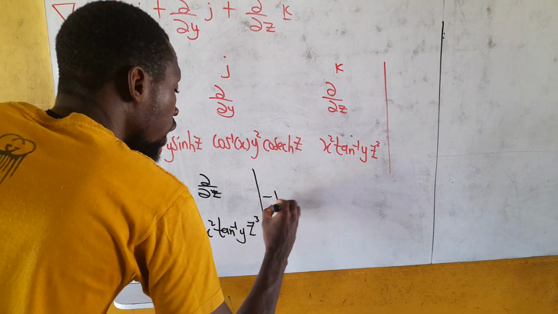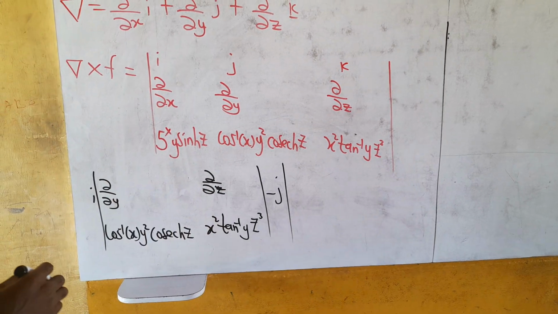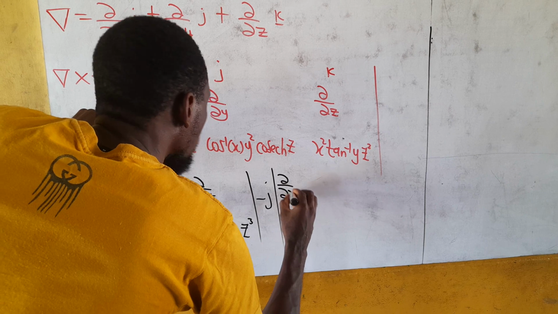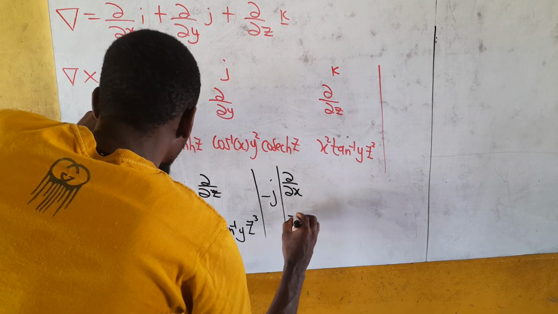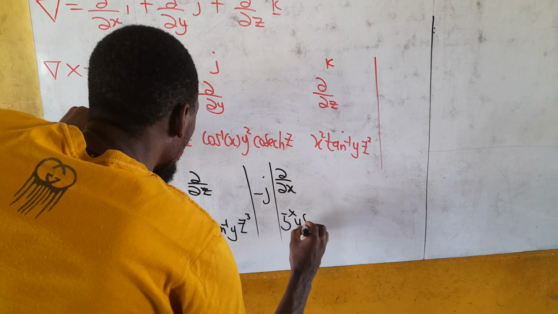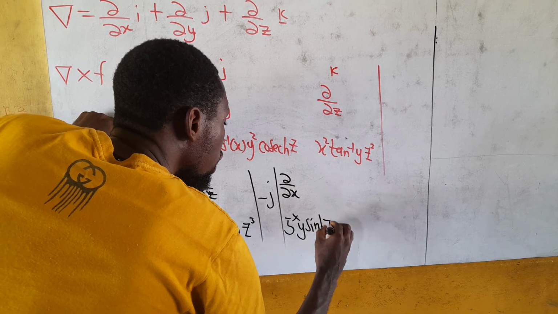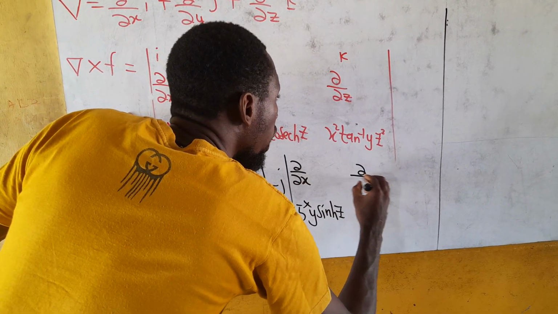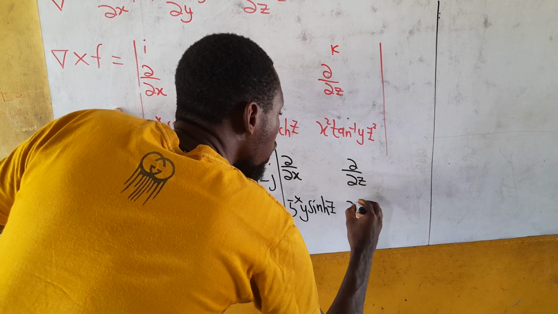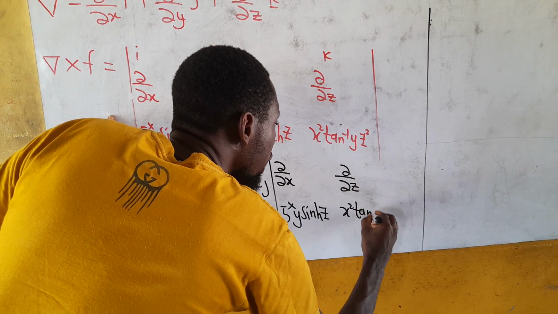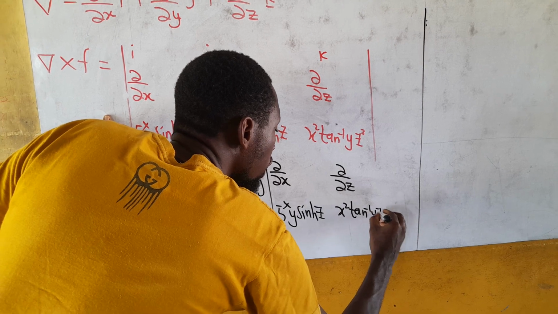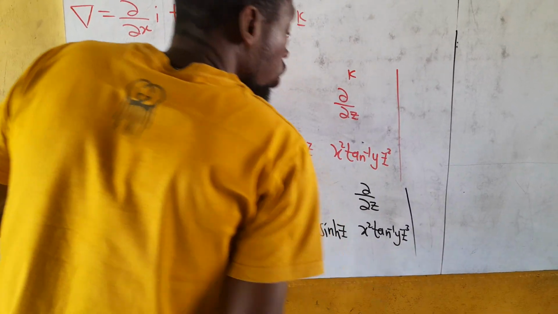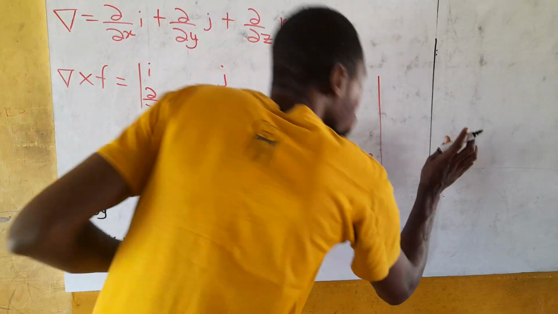Then minus j, the determinant of what is not under the j. And what is not under the j is del over del x, e to the power xy sinh z. Then del over del z, x squared tan inverse of y z cubed. Here the tan inverse is only affecting the y as well.